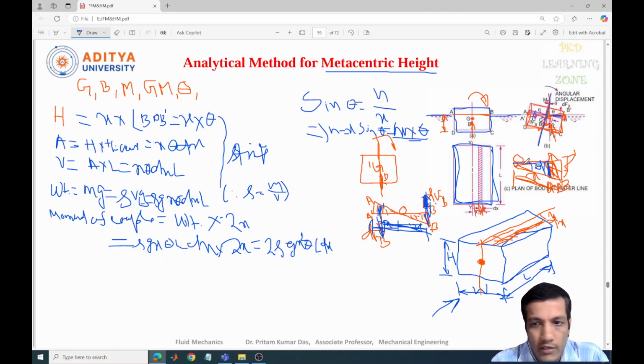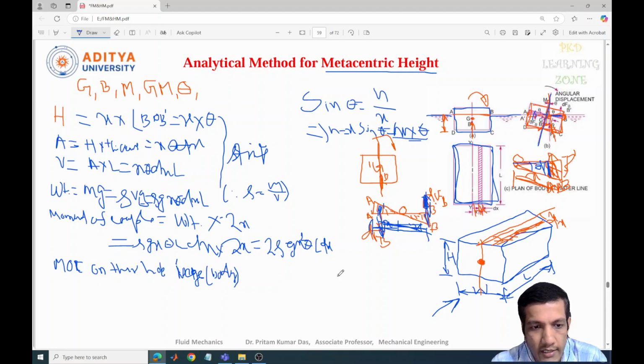Now this is only for the strip. Now if you want to calculate the moment of couple on the whole body, the object is actually the waterplane surface that we have taken, so don't get confused about this.